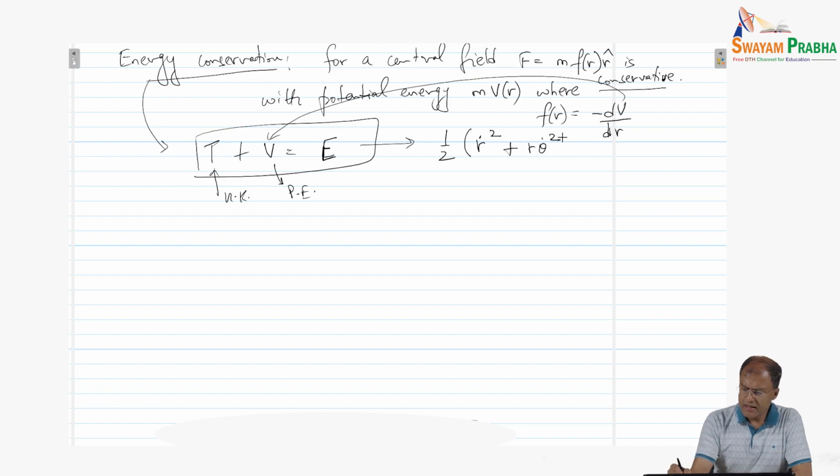This is my total kinetic energy, plus the potential energy, which in a central field is V of r, and this is equal to E.